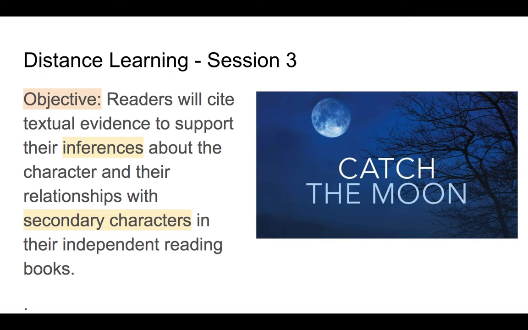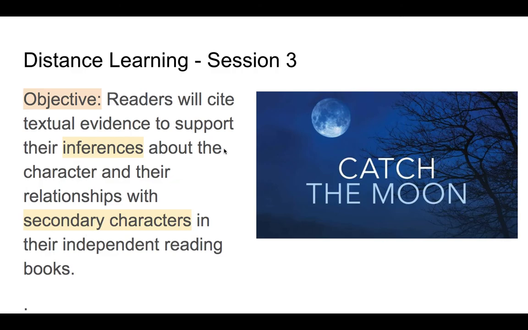This is building on the objective from the past 2 days, where we have been thinking about what the text tells us about the character without coming right out and telling us things about the character. And also, what does the text tell us about the relationship that our main character has with what's called secondary characters? That means any character that is not the main character.